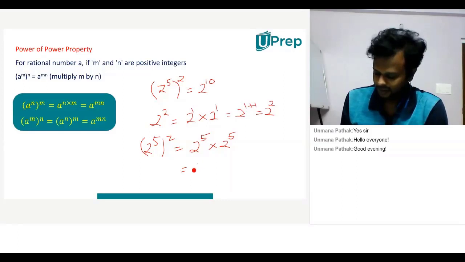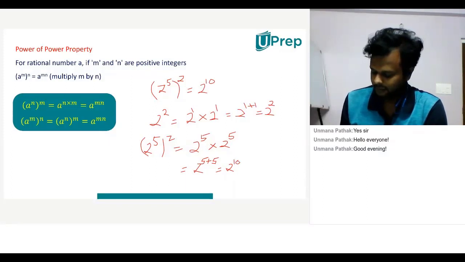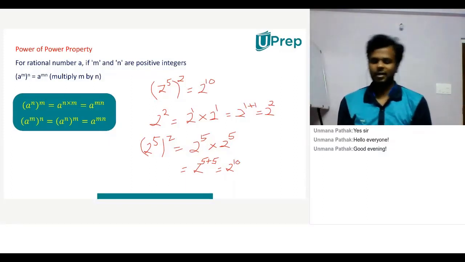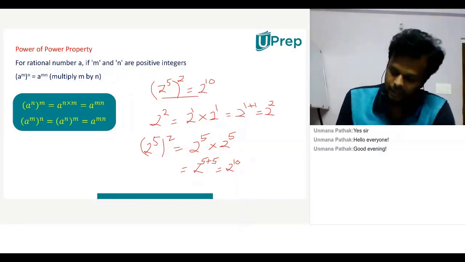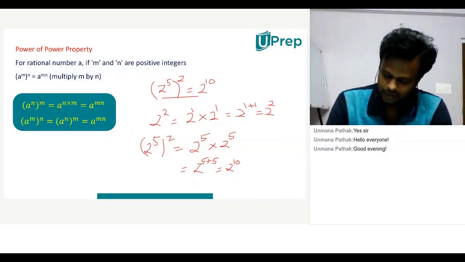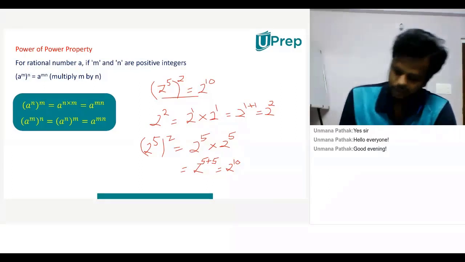So this becomes 2 power 5 plus 5, which is equal to 2 to the power 10. So this is how I can explain this law. A power m whole power n is a power mn.